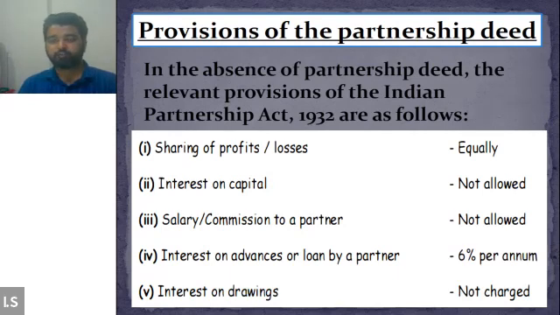Similarly, if they forgot to mention the rate of interest that partners will be getting on their capital contribution, or they haven't discussed the salary or commission to be paid to the partner, or they didn't write anything about interest on loan, whether it will be paid to the partner or not on the advances given to the firm. And similarly, what will be the rate of interest if a particular person withdraws a certain amount from the business. Then in such a situation, the provisions of the partnership act will be applied.